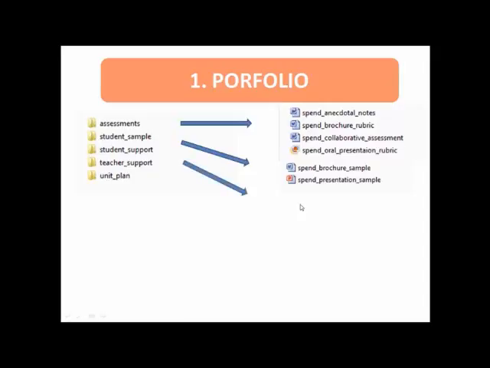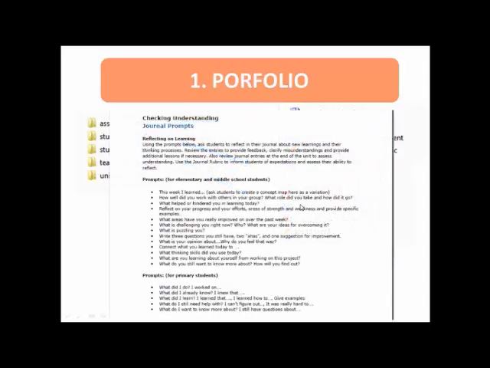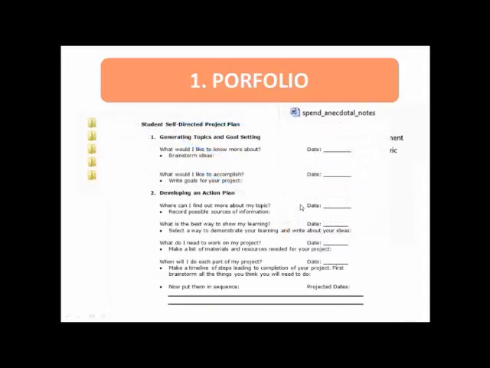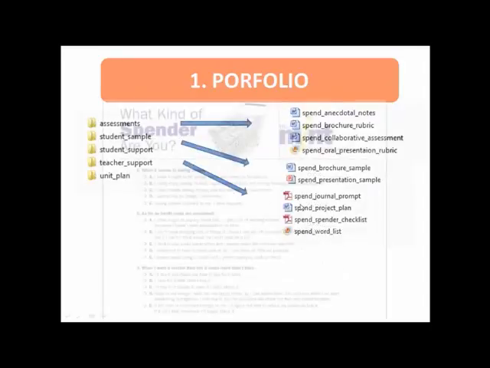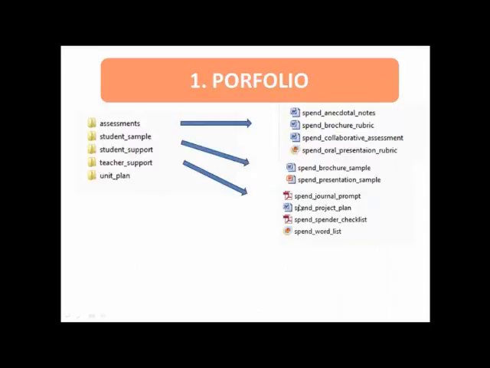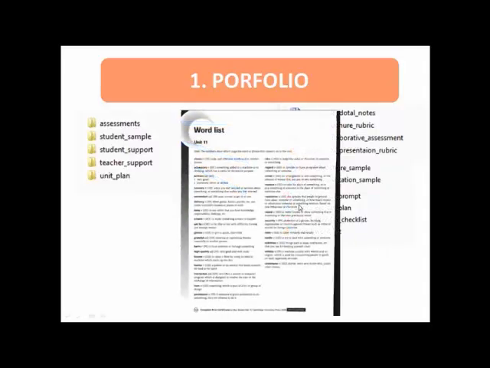In the student support folder, I provided students with a number of documents, which are the journal prompt, the project plan, the student self-directed project plan, the spender checklist, which helps them to figure out what kind of spenders they are, and the word list of Unit 11.